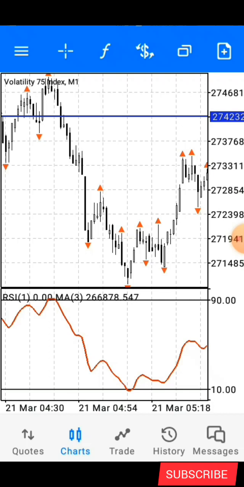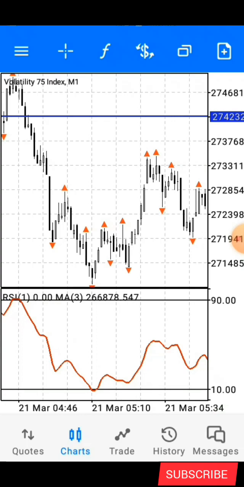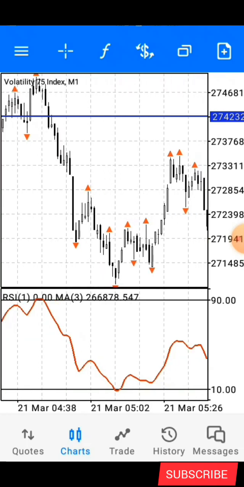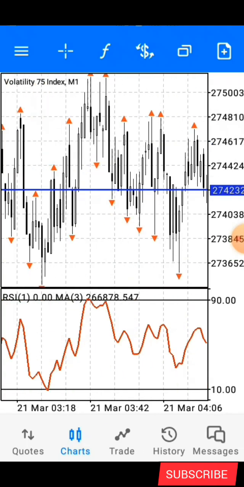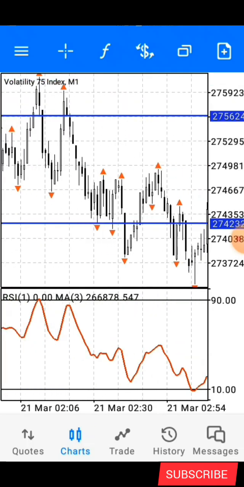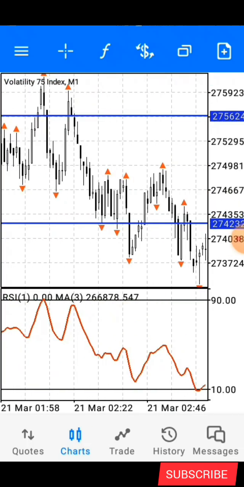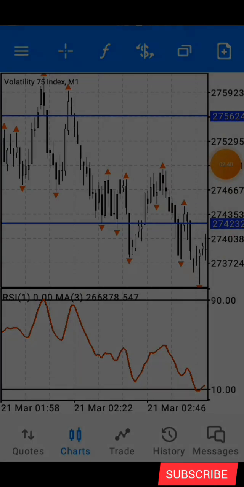Those are the candlestick patterns I look for in the market before taking an entry. I made screenshots of these candlestick patterns, so I'm going to take you to my phone gallery now and show you those patterns.